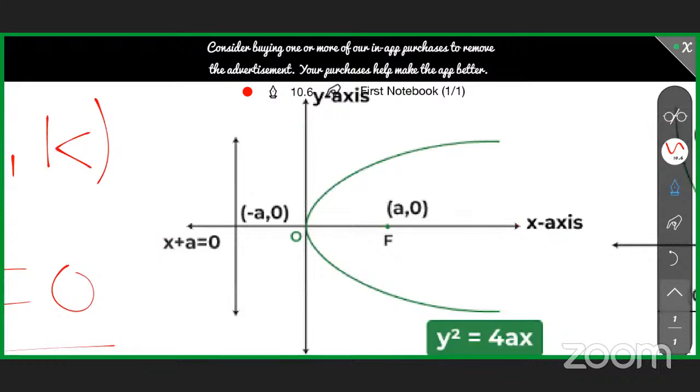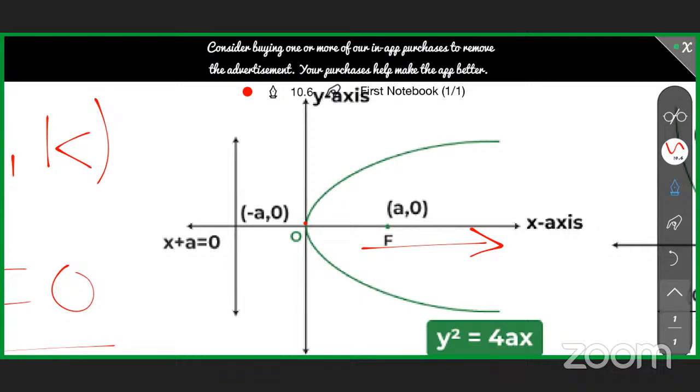In that, the first type of parabola that we are studying today is y square is equal to 4ax. This is a parabola which is oriented towards the positive direction of the x-axis and resting on the y-axis.